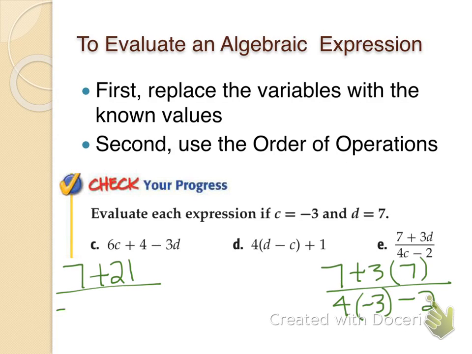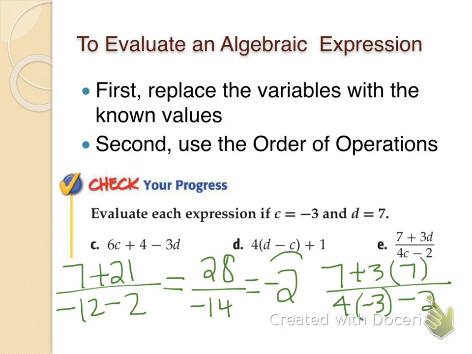In the denominator, 4 times -3 is -12, minus 2. Simplifying, 7 plus 21 is 28. -12 minus 2 is -14. If you divide that, you get -2. So my answer is -2. So make sure first, replace the variables. Second, use order of operations.